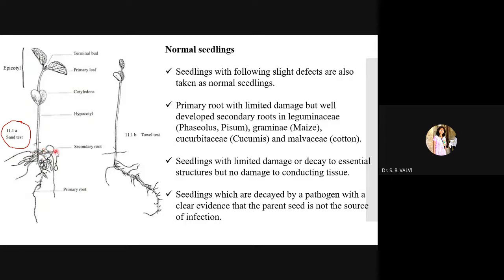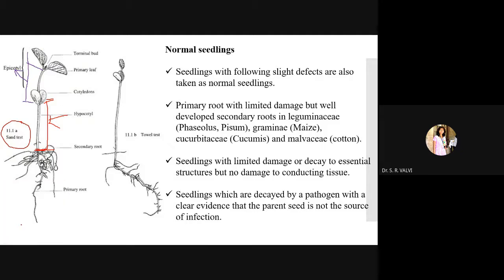The portion present between the cotyledon and the radicle or the root, this whole portion, is called the hypocotyl. And the portion present above this, between the cotyledon and up to here, is called the epicotyl, right? Hypocotyl, epicotyl, getting it? And then the upper portion will start.